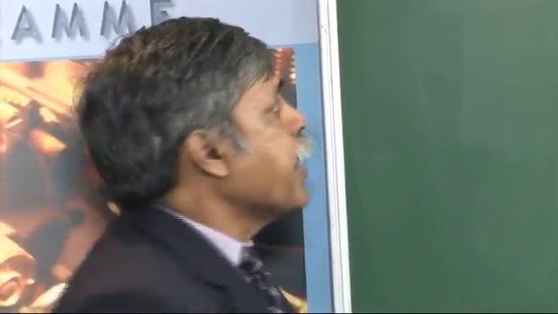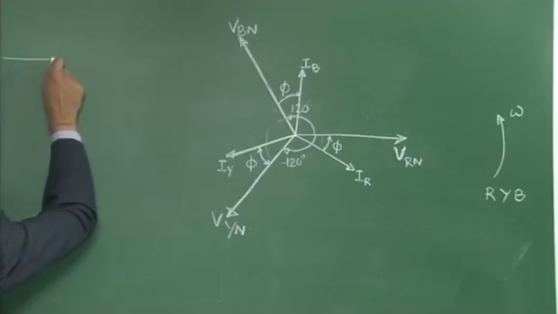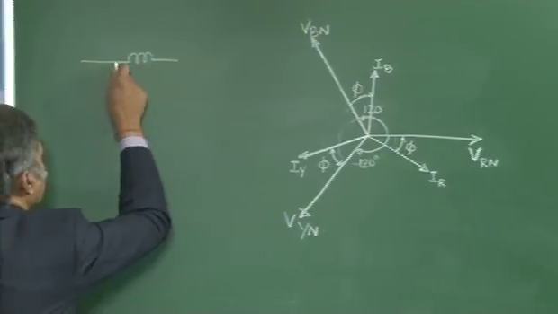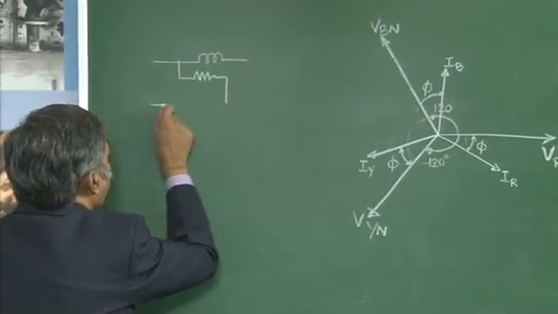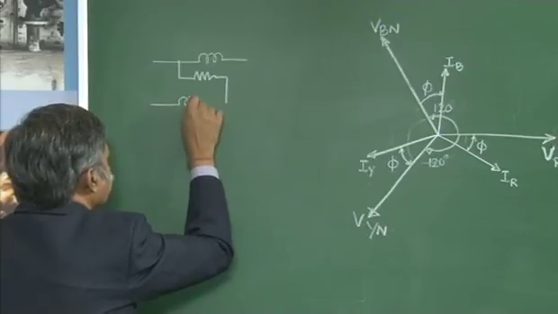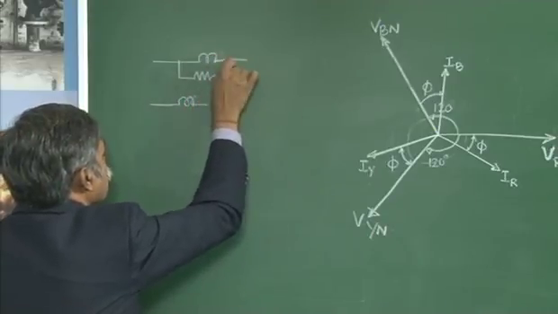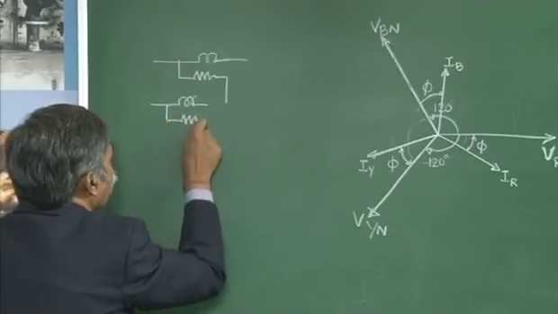Now if you see the diagram, I have line R where I have a current coil and the potential coil. In Y, there is another current coil and there is a potential coil.